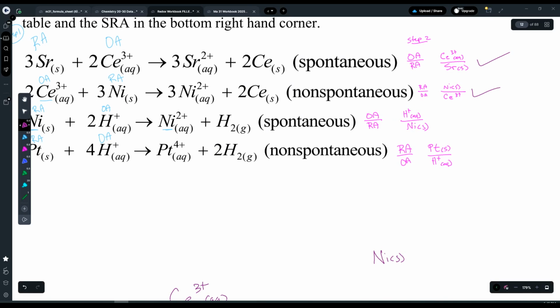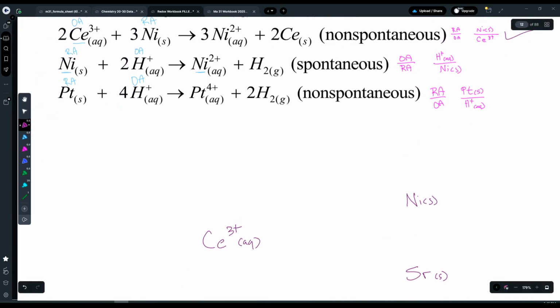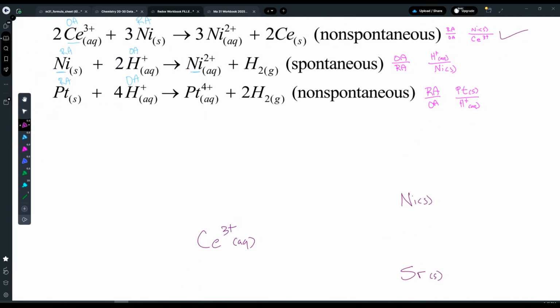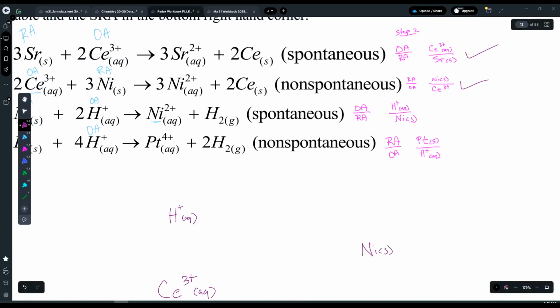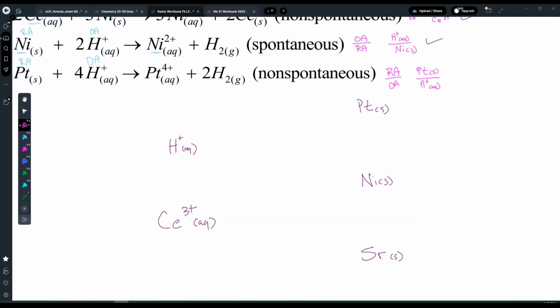And since the hydrogen ions are an OA, then I'm going to be putting that on the left-hand side here. So I'm going to go H plus aqueous. So that's done. And then for the last one, it's saying, okay, platinum is above hydrogen ions. And platinum is my RA. So I'm going to put it on the right-hand side. So platinum right there. Okay, so we've got kind of the order of things.